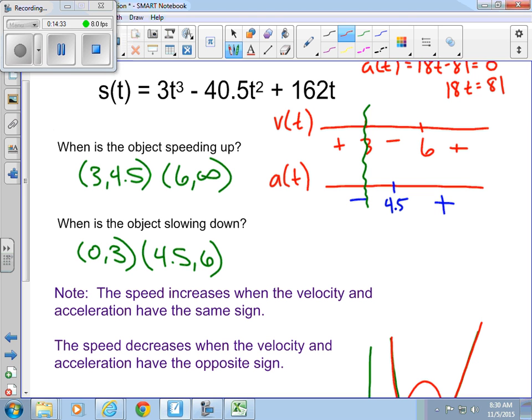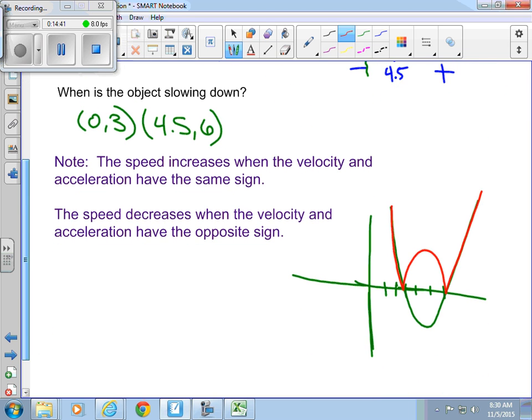This one didn't ask for justification, but if it did, your justification would say velocity and acceleration are the same sign. With the picture method, the justification is actually more difficult because you have to do some sort of explanation of how you know that the function is getting closer to the x-axis. To me, a little trickier to justify than just saying velocity and acceleration are the same sign.